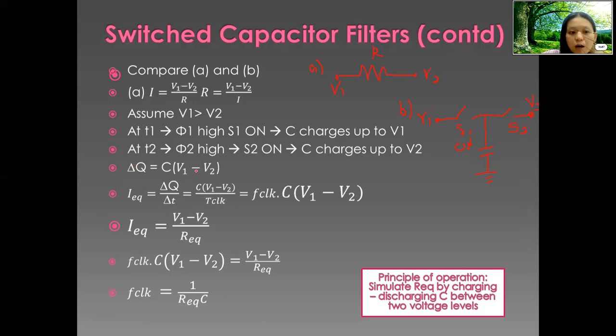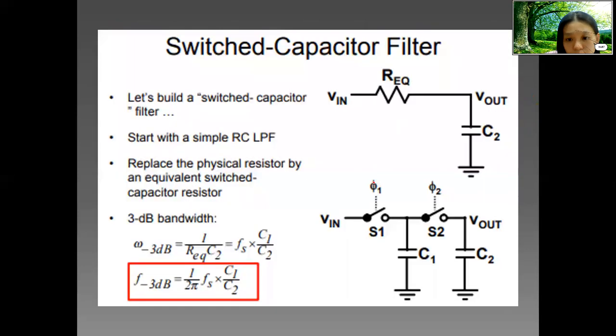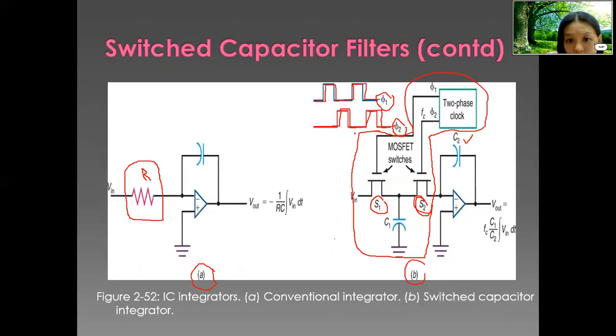and we can use our equivalent current, which equals charge divided by time: C times V1 minus V2, divided by our T clock. This is our T clock, the repetition of one cycle of time in the clock.